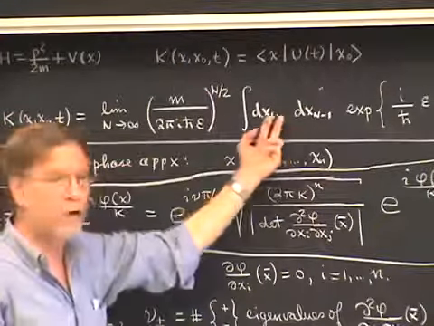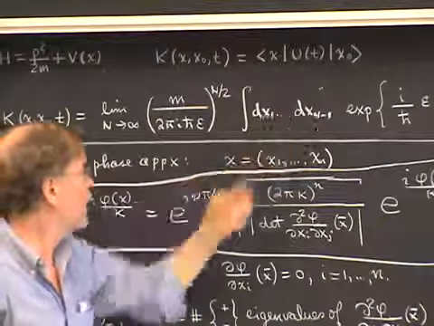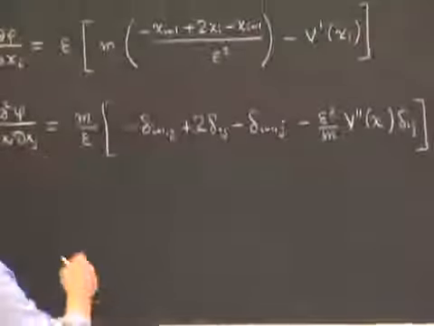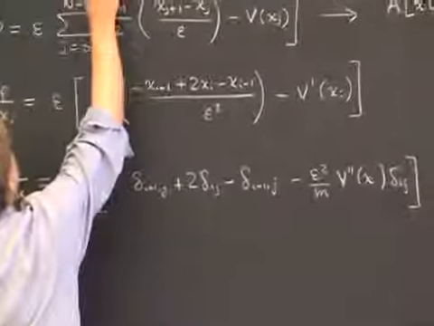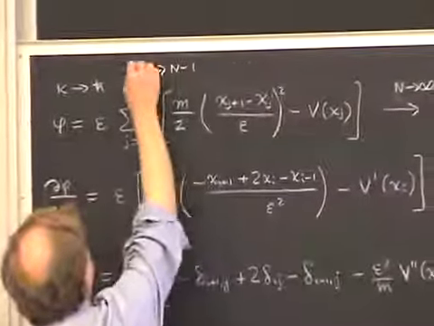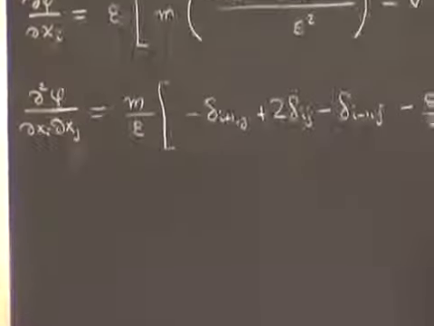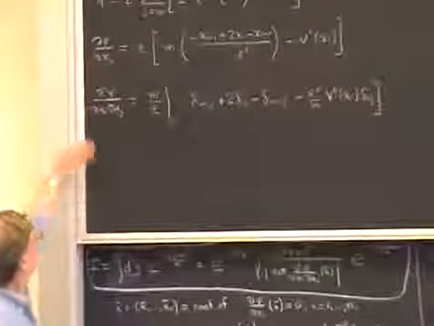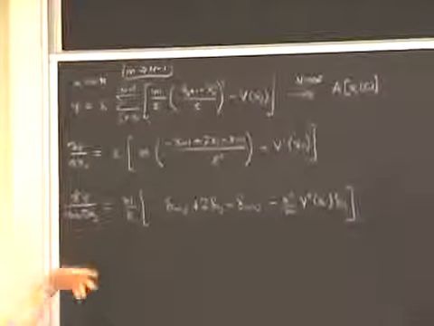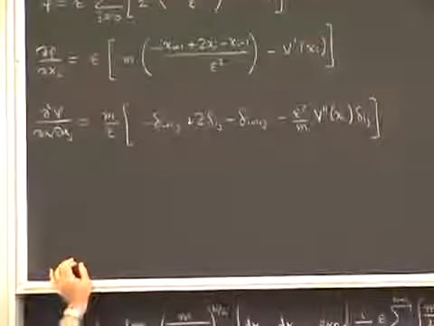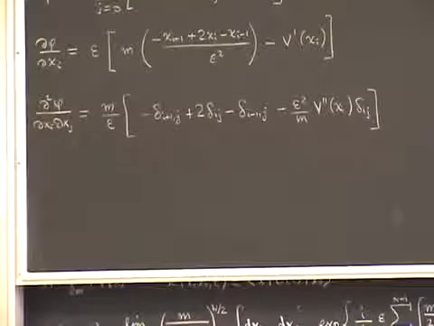We only integrate over intermediate points. That's the 1 to N minus 1. So we're also going to take n to N minus 1 in trying to convert this mathematical formula into the application to the path integral. So anyway, here are the derivatives, which I've just worked out by taking derivatives of that phase function, which occurs in the discretized version of the path integral.